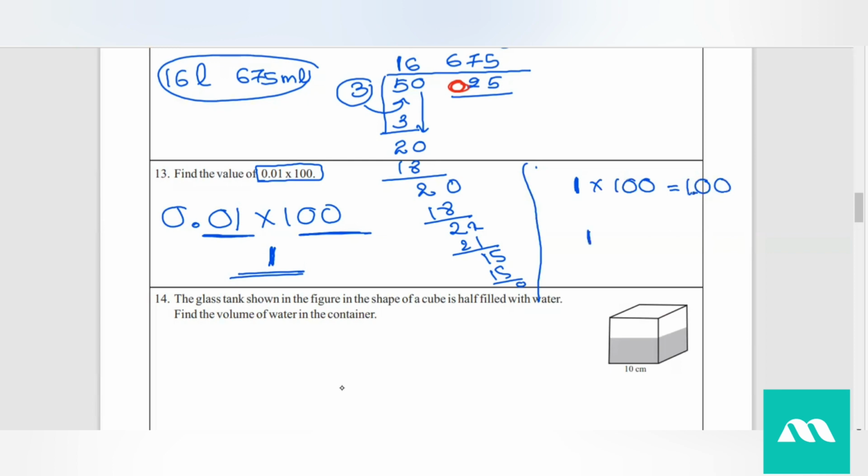Then most of the students ask, teacher, are these two different numbers? No. 1 can be written as 1.0000, and more zeros can come too. Both are the same answers.